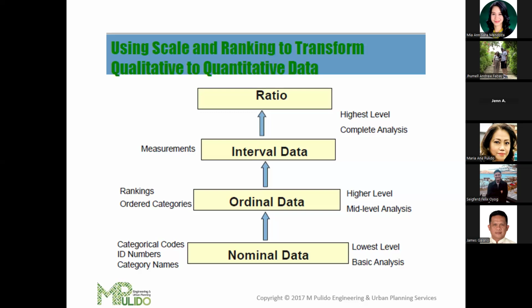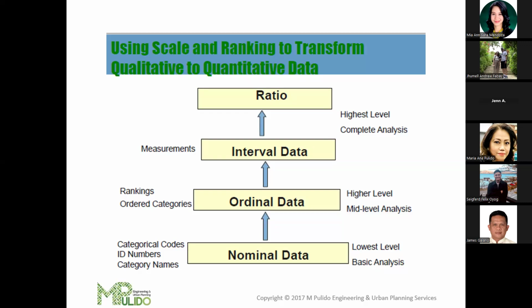And then at the top is ratio data. This is the most precise level, with everything interval data has, but with a true zero. Examples include income, travel time, and distance to a facility. This allows for full statistical analysis, including calculations of ratios, like saying one household's income is double that of another.